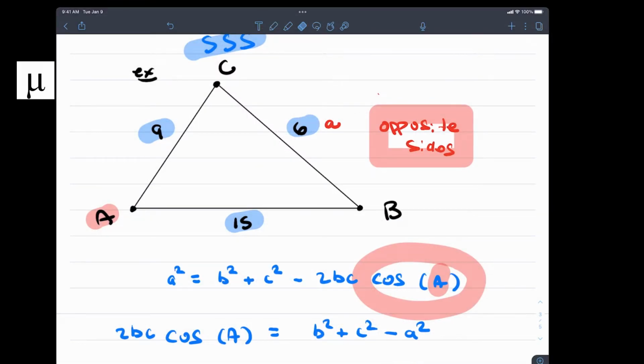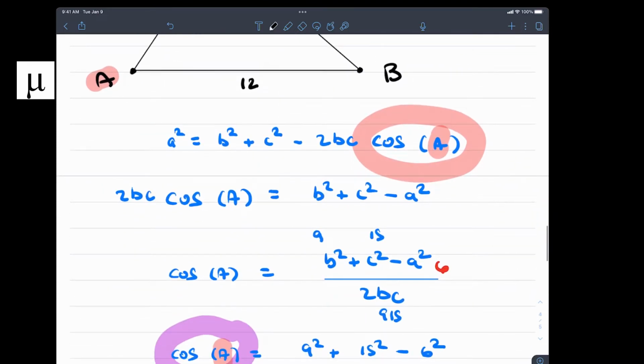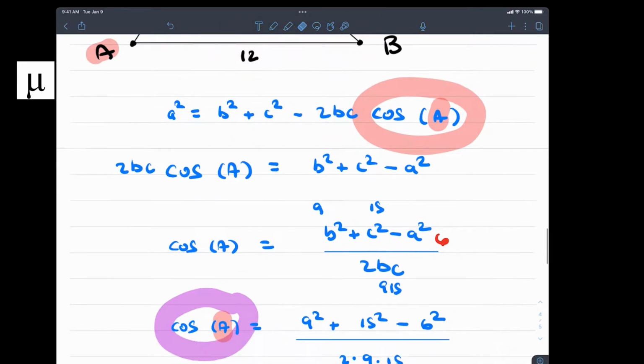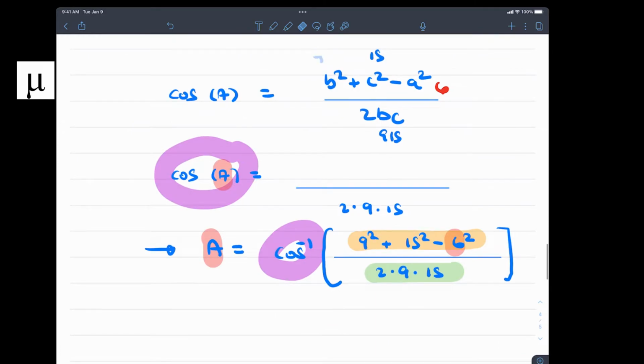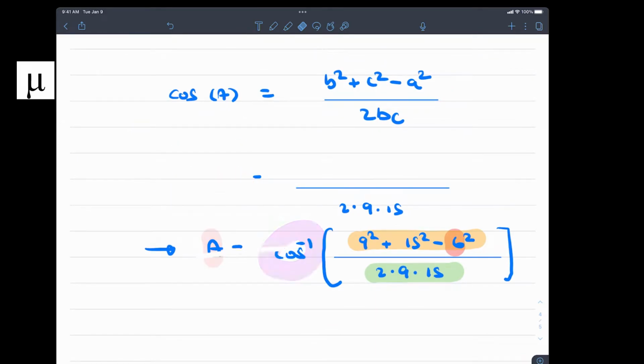Let's try that one again. 12, 8, 5. Sorry, I'm going to get some water here.